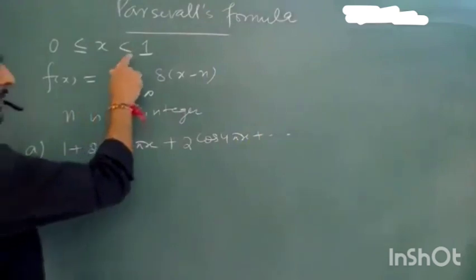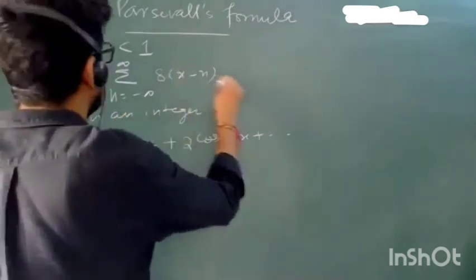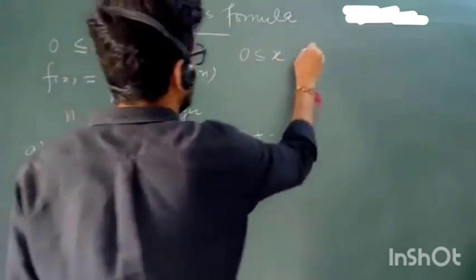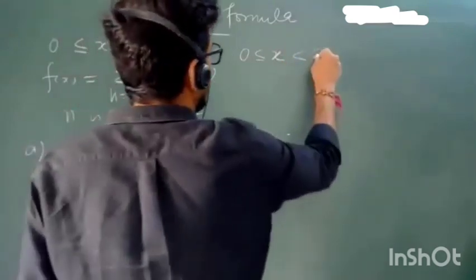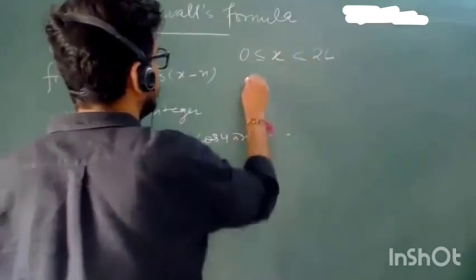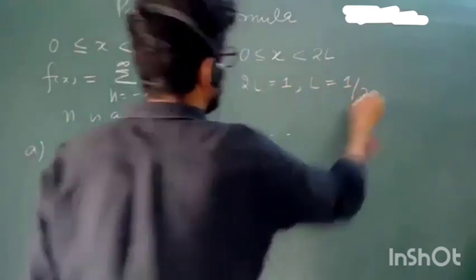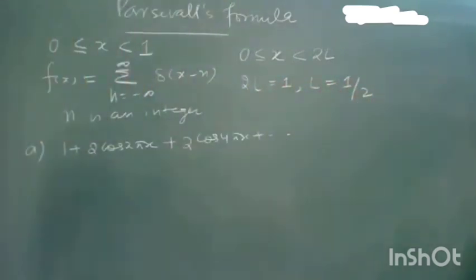So what is the value of L here? So first look carefully, it is a full series, so we have to write it because it is not given to write a half series, so I will take it as a full series. So 2L is equal to 1. So what is L? L is 1 by 2. Correct? And this is symmetric.